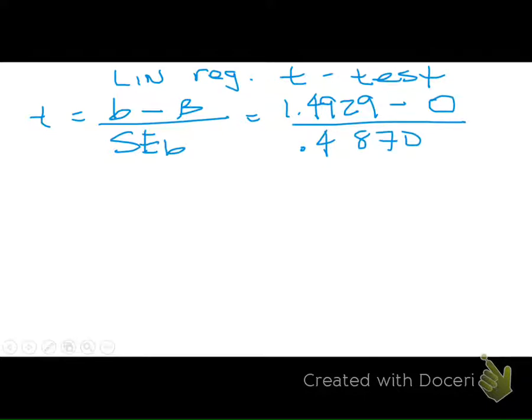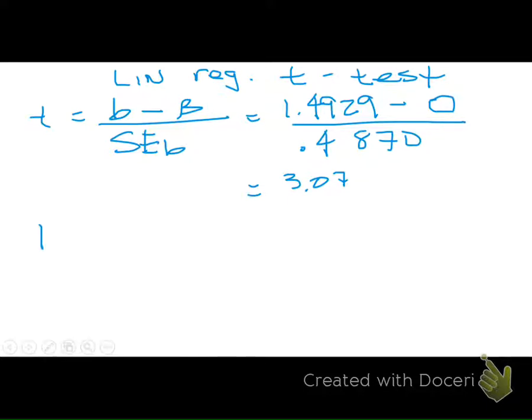If you do that calculation, 1.49 minus 0 divided by 0.48, well, 1.49 is about 1.5, 0.4870 is about 0.5, so you might guess that that value is going to be in the neighborhood of 3, and it is about 3.07. Again, that can be found from the computer output.